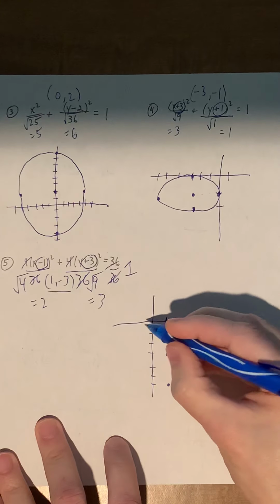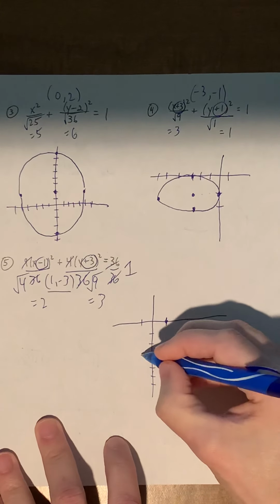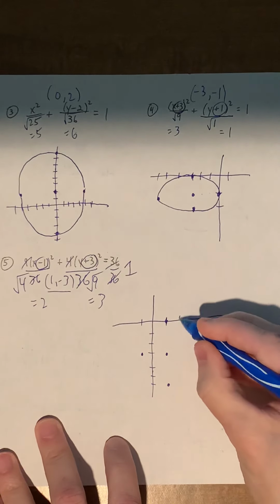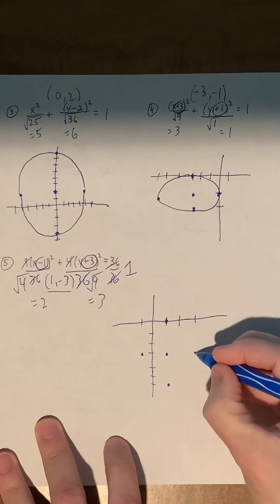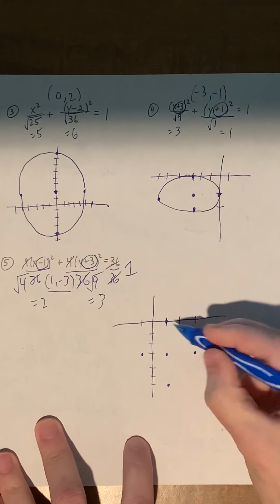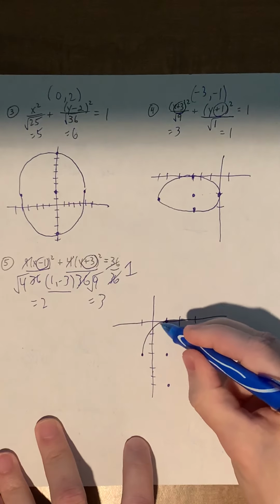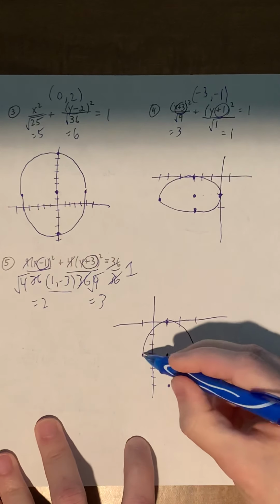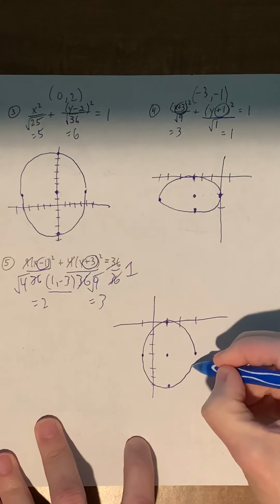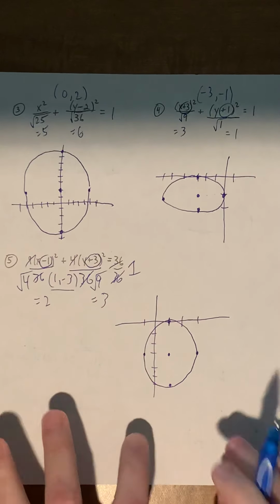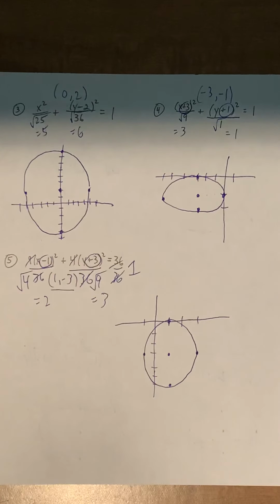So this is at 1, so 2. And center point 4 of the main points. And there is our ellipse for number 5. All right, guys, that is how you graph an ellipse if the center is not at the origin.